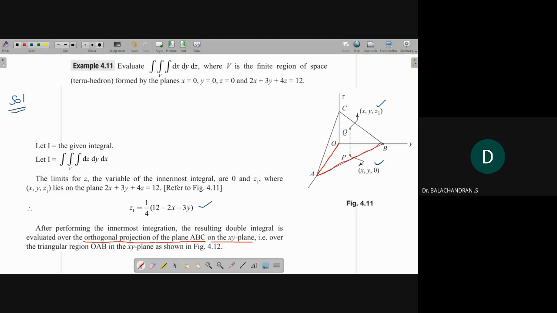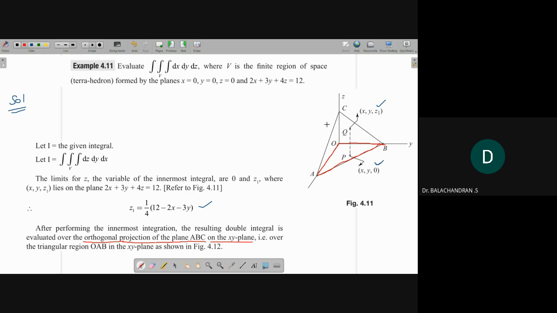You can project on the xy plane, the YZ plane, or the XZ plane.